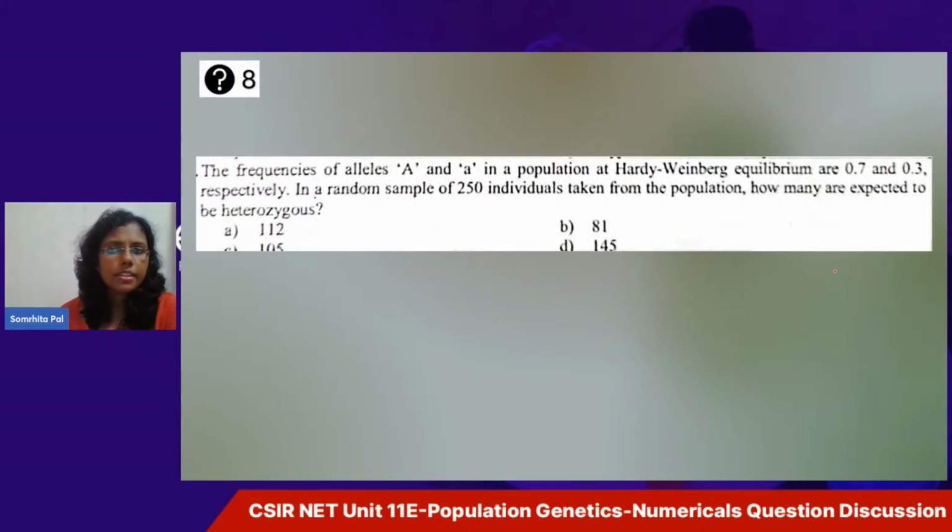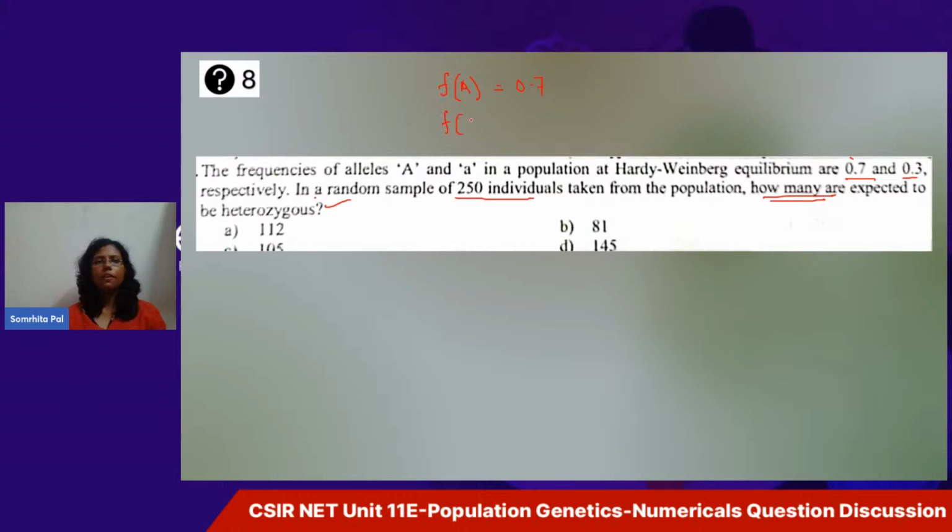Okay, question number 8. The frequencies of alleles capital A and small a in a population at Hardy-Weinberg equilibrium are given as 0.7 and 0.3. In a random sample of 250 individuals taken from the population, how many are expected to be heterozygous? Again, this is very simple. The frequency of capital A is given to you, which is 0.7.